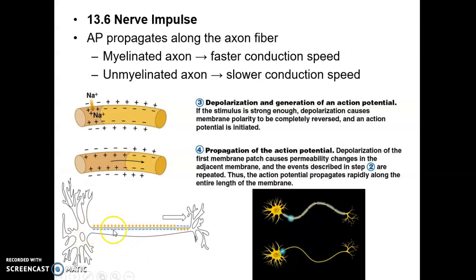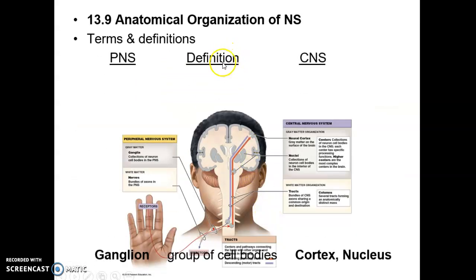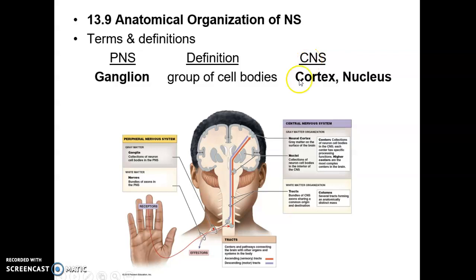That's the cell body, and that would be its axonal extension, but groupings, clusters of cell bodies in the central nervous system is referred to as the cortex or cerebral cortex, that outer layer of the brain, and also nucleus, plural meaning nuclei. And maybe not the best term they picked, because nucleus also means the nucleus of a cell. But nucleus or nuclei within the central nervous system, here darker in color, those are clusters of cell bodies in the central nervous system.